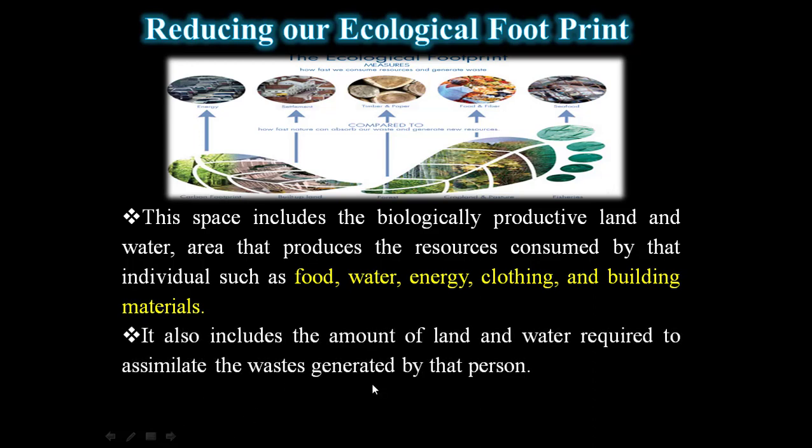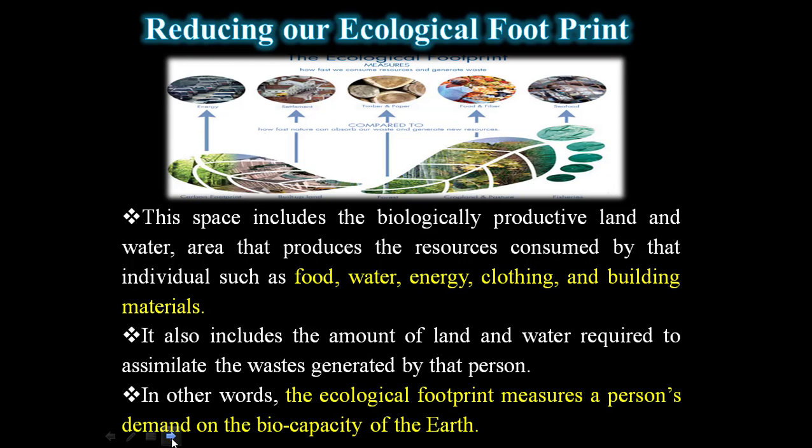It also indicates the amount of land and water required to assimilate the wastes generated by that person. In other words, the ecological footprint measures a person's demand on the biocapacity of the earth.